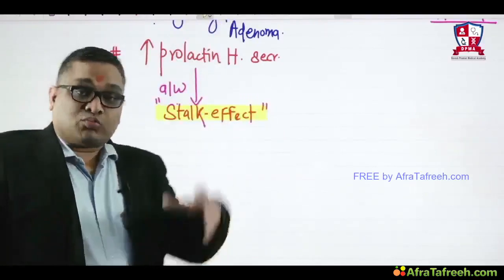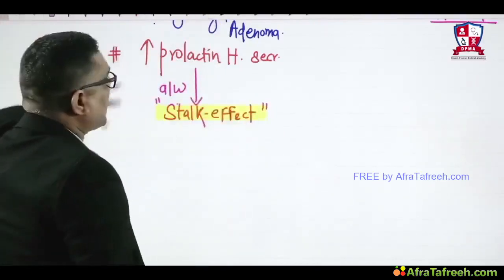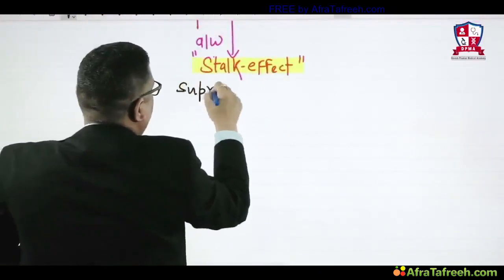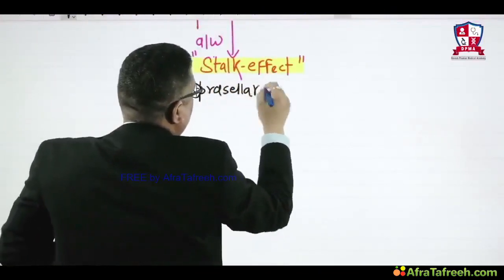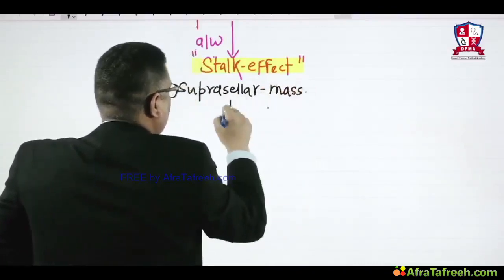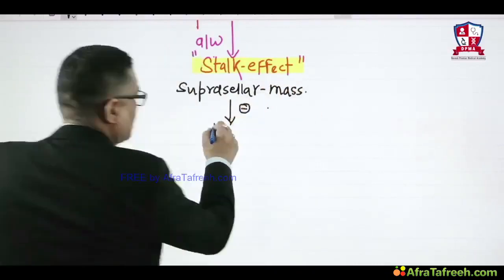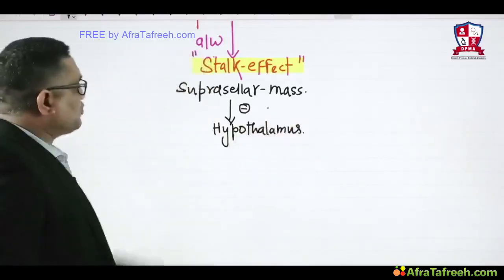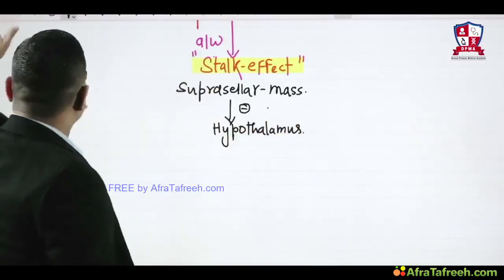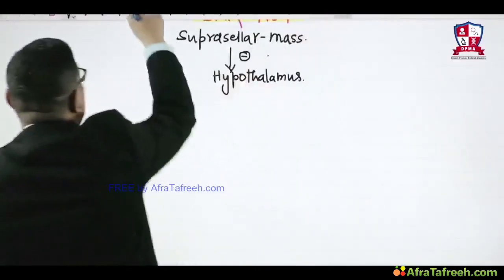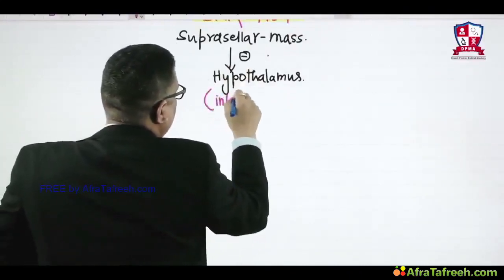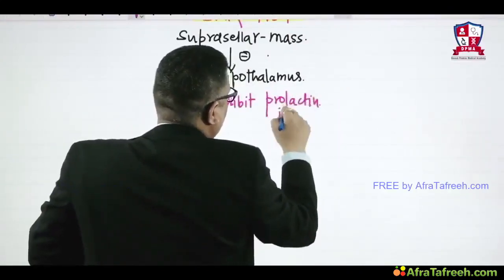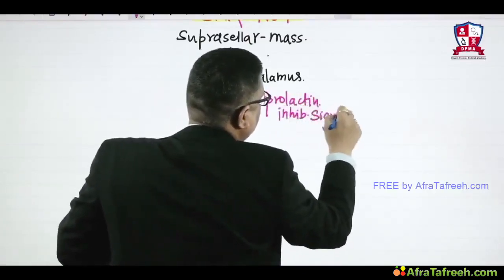So what happens? A suprasellar mass in the brain will inhibit the hypothalamus, and in the hypothalamus it will specifically inhibit the prolactin inhibitory signals, right?